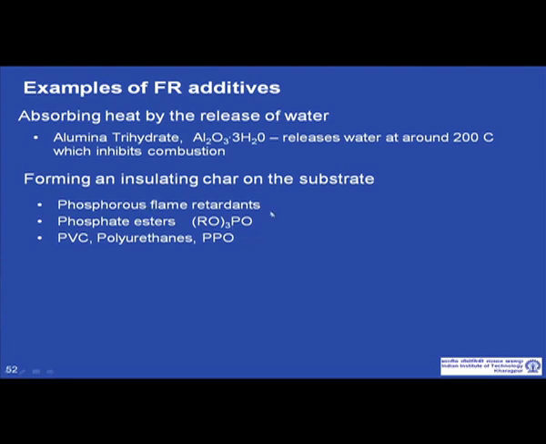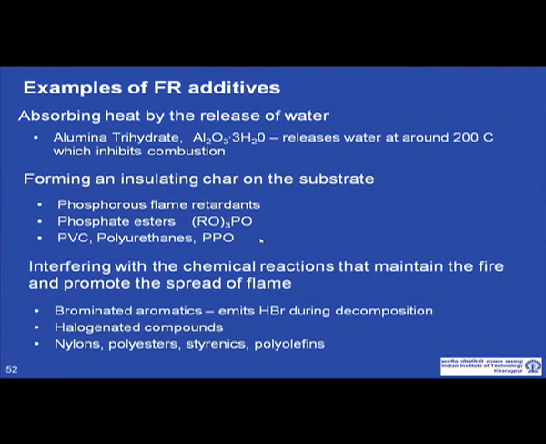These are mainly inorganic materials, because inorganic materials do not burn at those temperatures. Typically, you cannot use organic material for making insulating char, because organic materials themselves burn off. So, mainly phosphorus containing flame retardants act by forming insulating char.